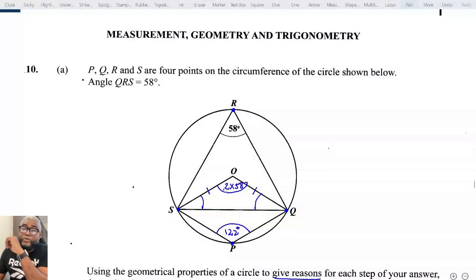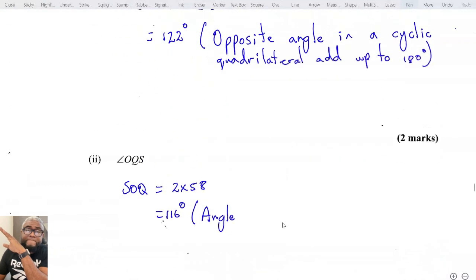That's the law. We have 2 radii here, so these 2 lines are equal. This triangle would be an isosceles triangle, and base angles in an isosceles triangle are equal. So let me start by putting what SOQ is.